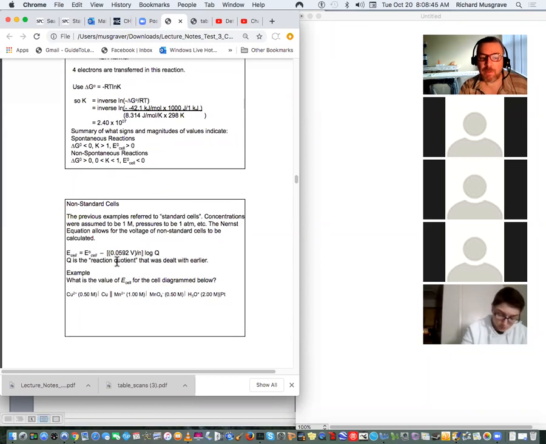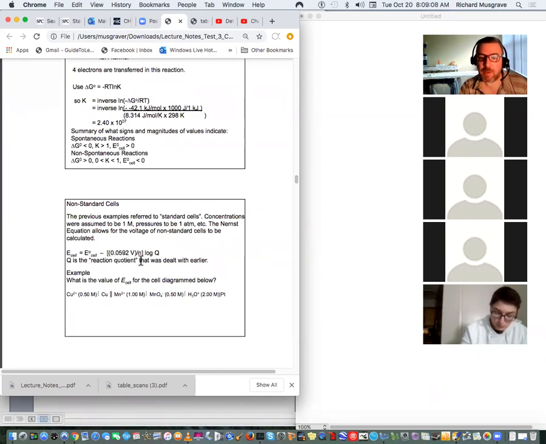This 0.0592 volts is a mixture of constants that includes the temperature at 298 K, the Faraday constant, and some other things. But all of those are multiplied out and divided to give you this 0.0592 volts as a constant value.